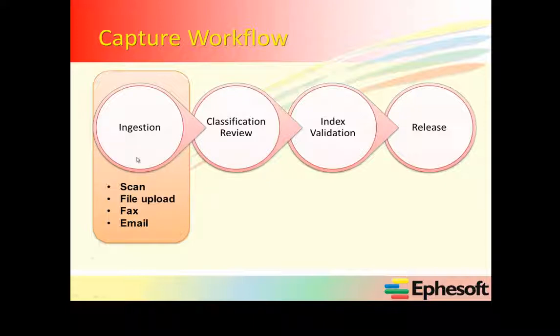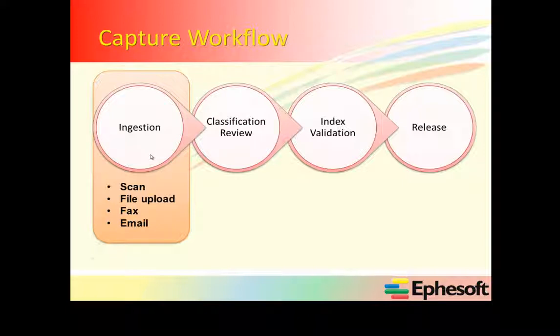So in ingestion, we can, of course, use scan, maybe a file upload, a fax, or maybe even intake an email attachment. That would be the first ingestion, and once that batch is assembled, we would run it to the Ephesoft server, run some analysis on it, and that would come up.